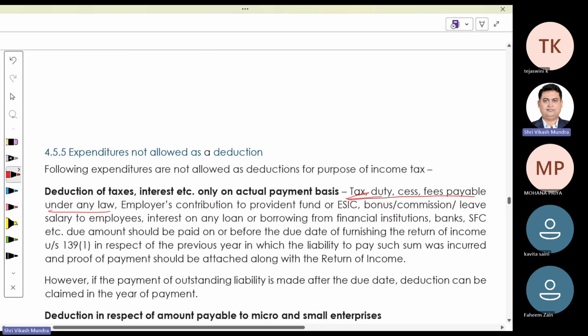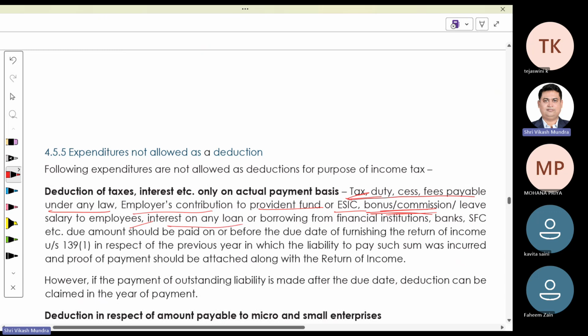Tax, duty, cess, fee payable under any law, employer's contribution to provident fund or ESIC, bonus, commission, leave salary to employees. Be careful. Bonus, commission, or leave salary are considered on payment basis, but other components of salary like wages, like basic salary, are not covered under section 43B.